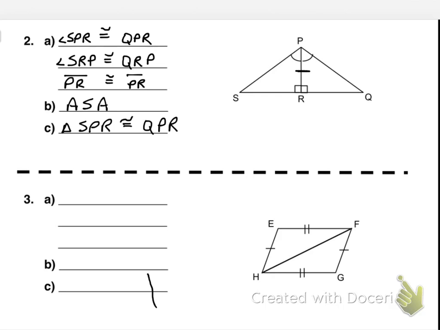Okay, now we have two triangles made in the shape of a parallelogram. We know that this side is shared, so that side has to be the same because it's identical in both of the triangles. So we know that EF is congruent to GH.